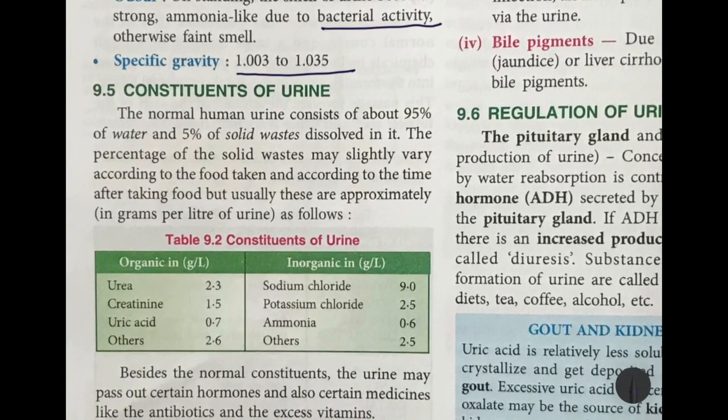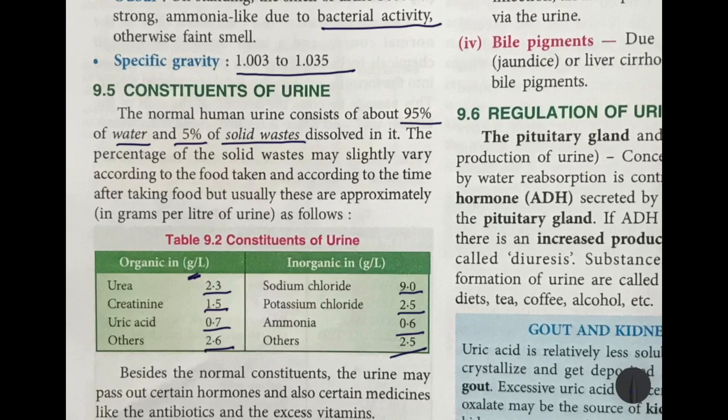Now, what is urine made up of? Constituents of urine. Normal human urine consists of about 95% water and 5% solid waste dissolved in it. The percentage of solid waste may vary slightly according to the food taken and the time after taking food, but usually these are approximately urea 2.3 grams per liter, 1.5, 0.7, 2.6, and sodium chloride 9, potassium chloride 2.5, ammonia 0.6, and other dissolved solutes 2.5.